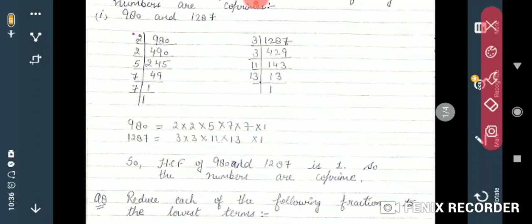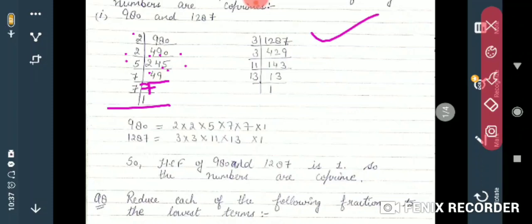So 980. As you know very well, 2 4s are 8, 2 9s are 18, then 0. Then again 2 2s are 4, 2 4s are 8, 2 5s are 10. Just see, the last digit is 5, so it will divide by 5. 5 4s are 20, then 5 9s are 45, 49. 7 7s are 49, then 7 1s are 7.